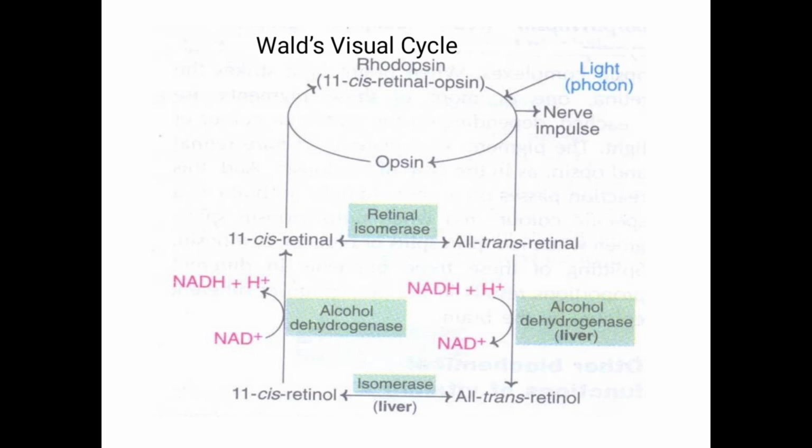So most of the all-trans retinal, formed from 11-cis rhodopsin, is transported to the liver and converted to retinol, the alcohol, as you can see below, by alcohol dehydrogenase. This takes place in the liver.